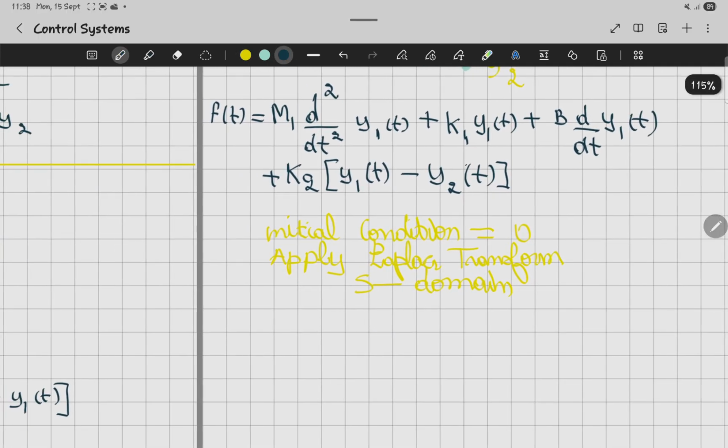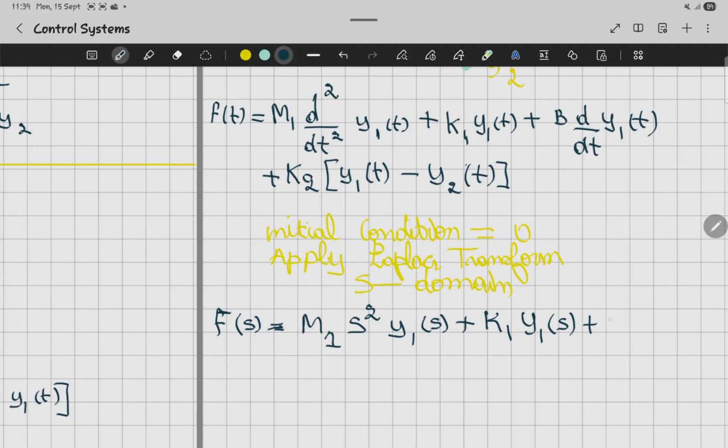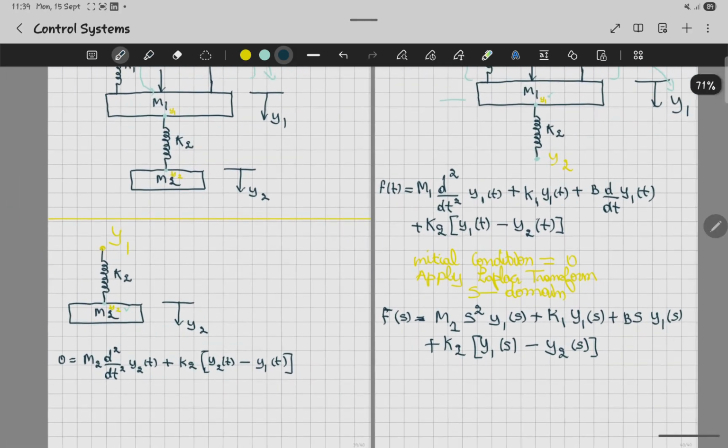So now we're going to get something like this. I'm gonna just go straight and give you, in capital M1 S square Y1 of S plus K1 Y1 of S plus B S Y1 of S plus K2 times Y1 of S minus Y2 of S. So this is what you're gonna get from that equation.